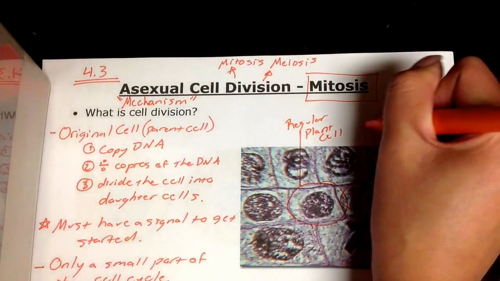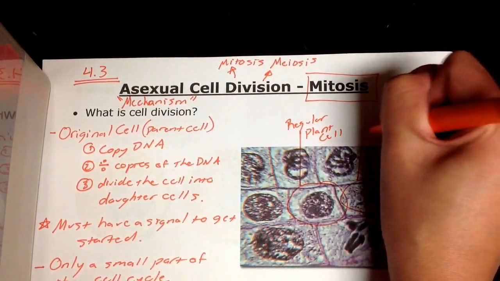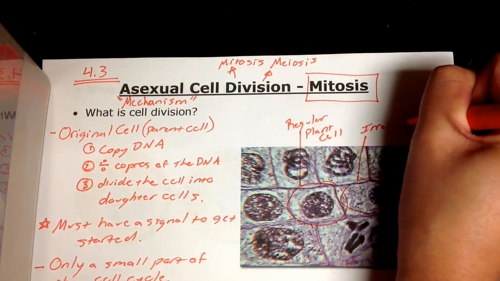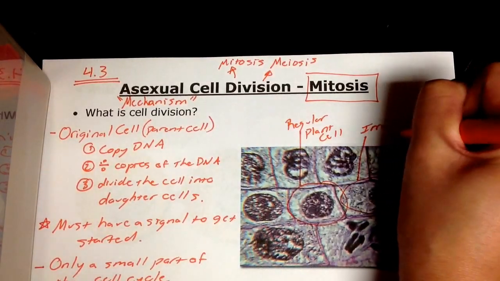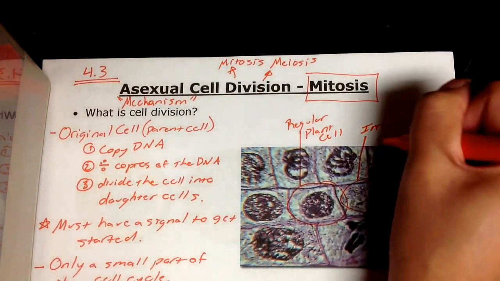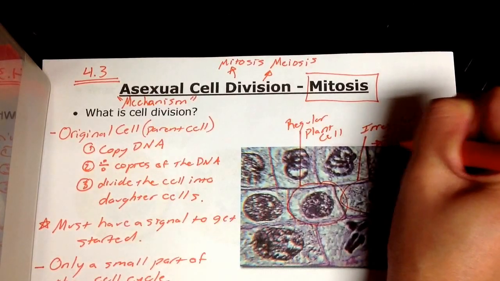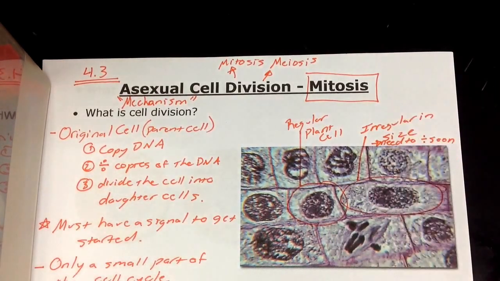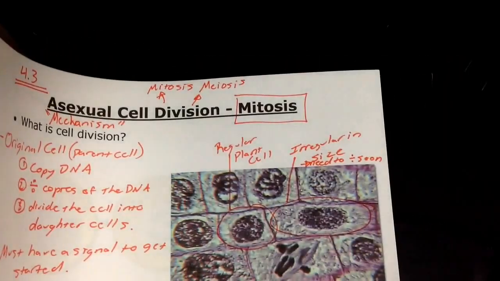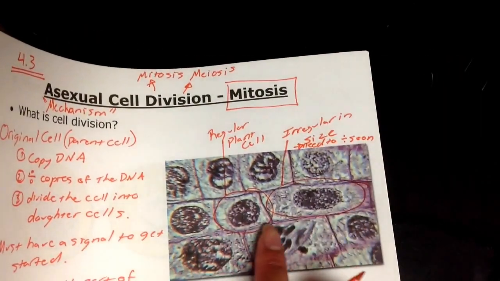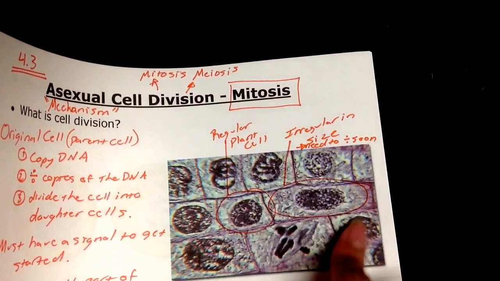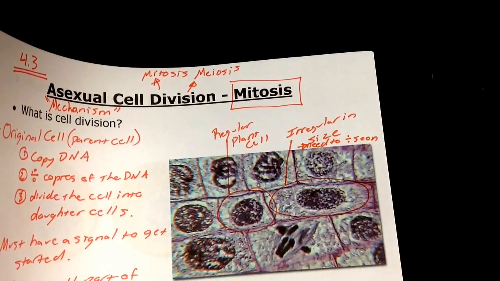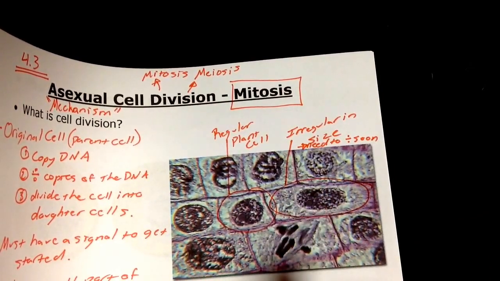This cell is irregular in size and will actually need to divide soon. So if you notice the difference there, it's reducing that surface area to volume ratio, so we're going to get a signal pretty soon and it needs to split.